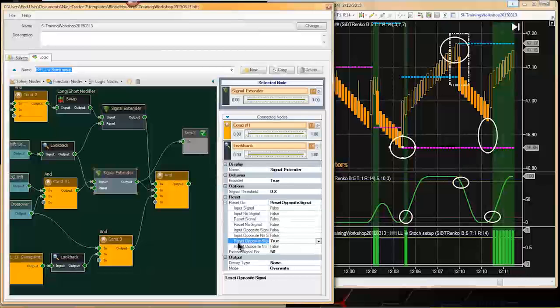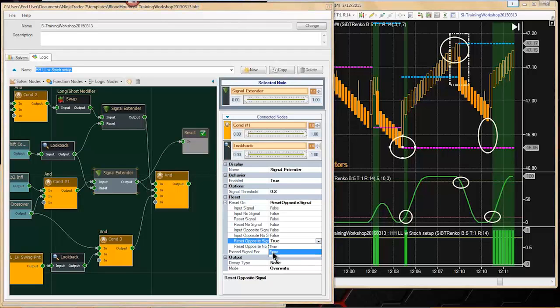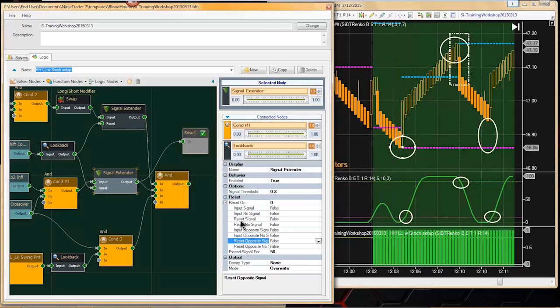And so instead of using the reset opposite signal, we're going to turn that off. We're actually going to use the reset signal. The signal extender is extending a long output, or a long signal.